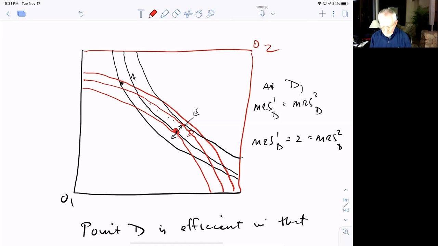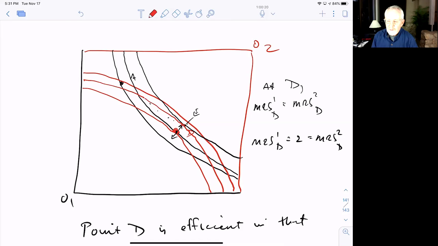But point E is also a point where the marginal rates of substitution are equal. And at point E, both consumers are better off than they were at point A. So they may be willing to go to point E. It looks to me like one would prefer E to D and two would prefer D to E, but that's not terribly relevant for our argument here.